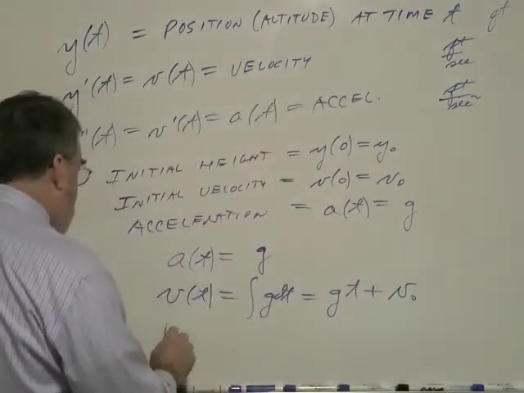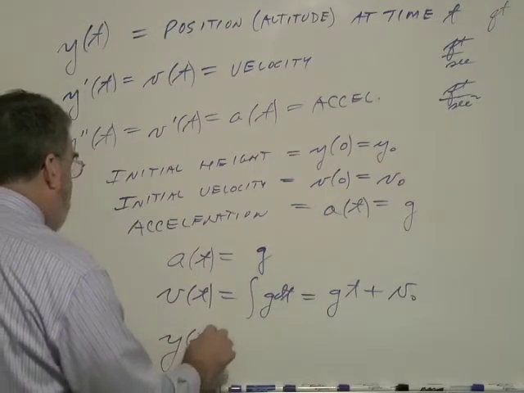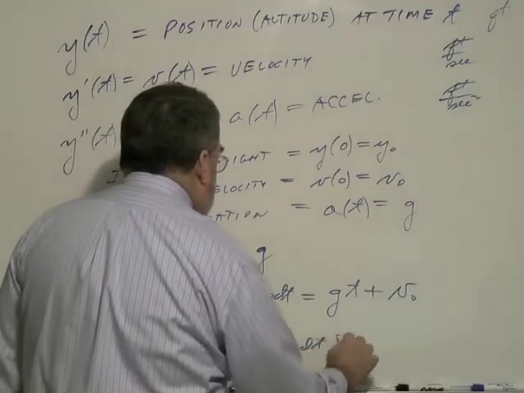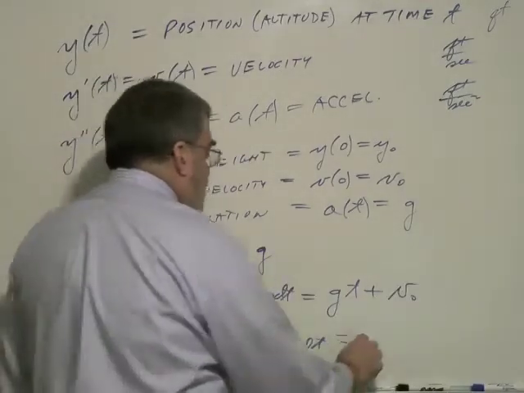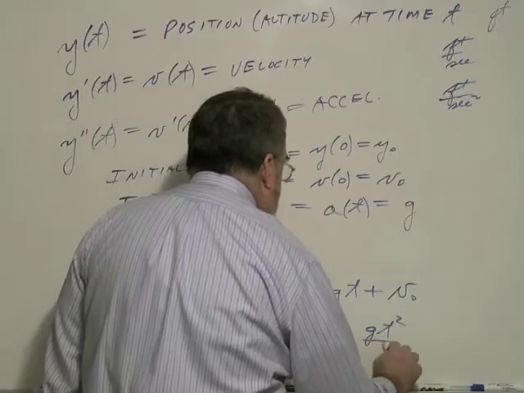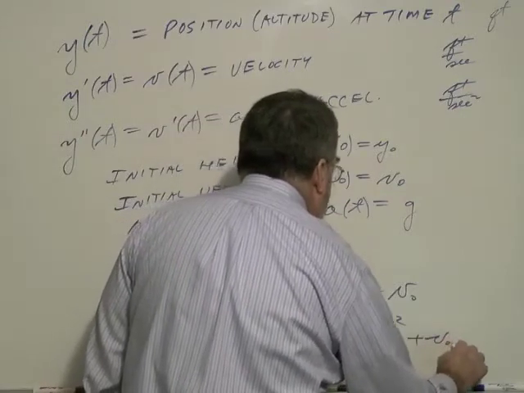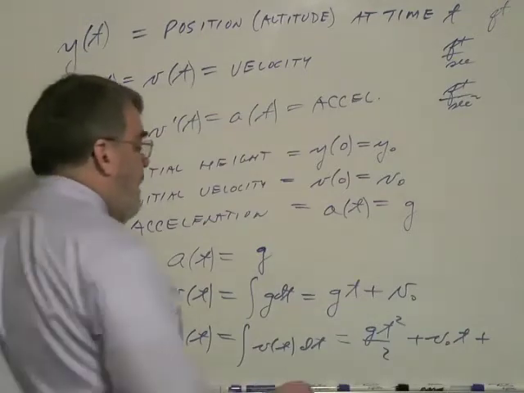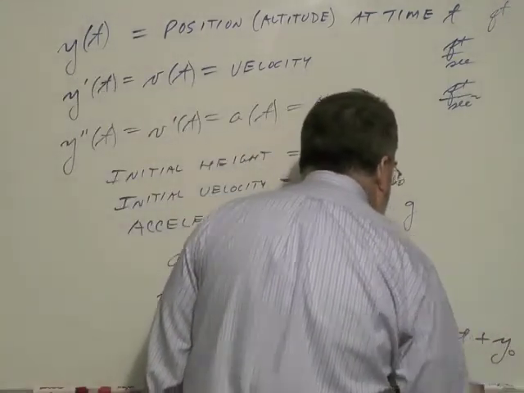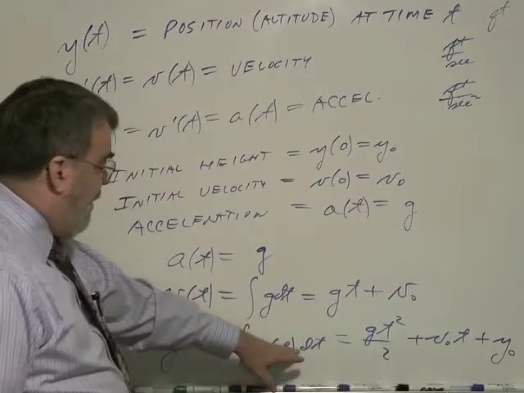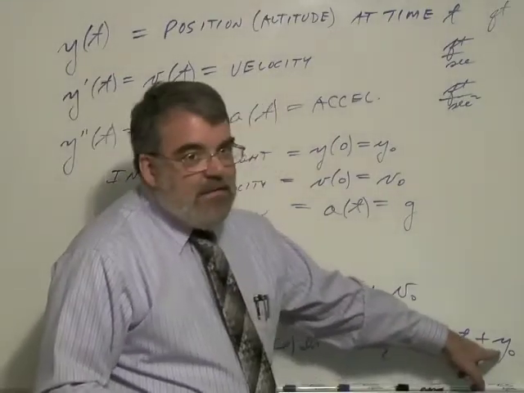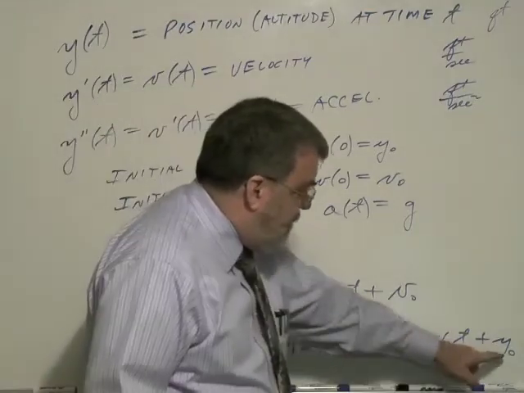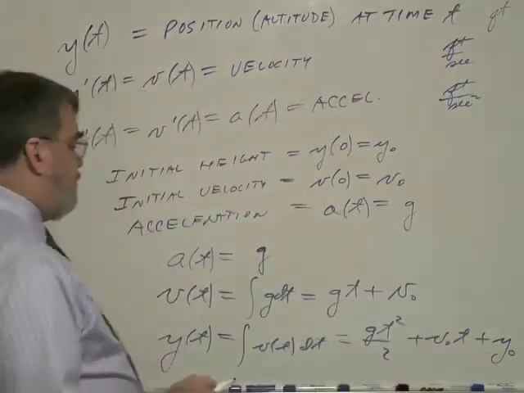So now I have an expression for velocity, and as far as position, y at t, we'll integrate the velocity function, its antiderivative. So I integrate this, and we'll get g t squared over 2 plus v naught t plus the initial height, y0. Again, when we integrate, we get an additive constant, and when you plug 0 into the function, it would be the initial height.